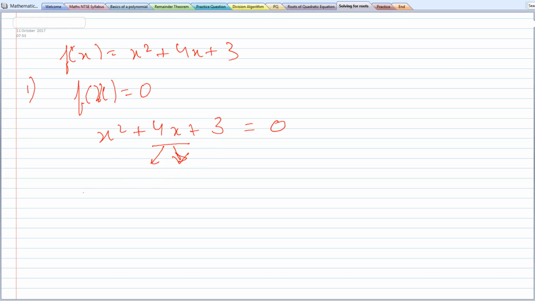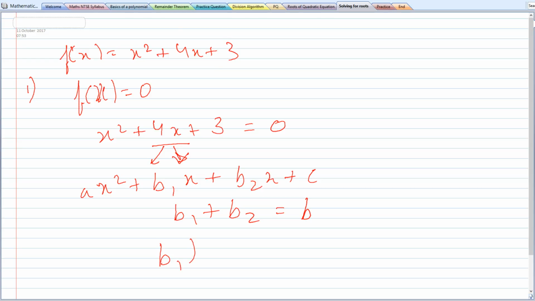So if I write this as ax square plus b1x plus b2x plus c, where b1 plus b2 is equal to b, in such cases b1 multiplied by b2 should be equal to a multiplied by c.